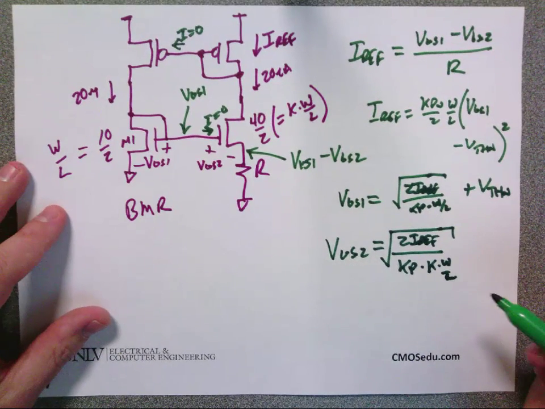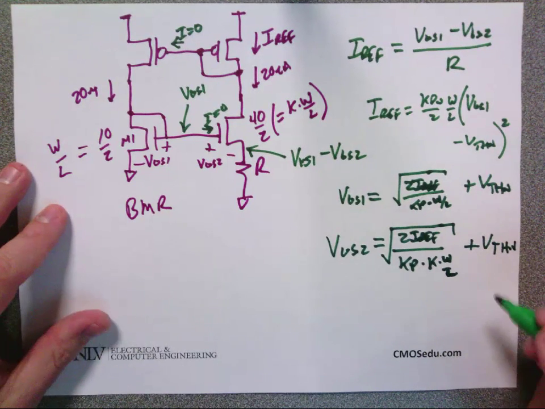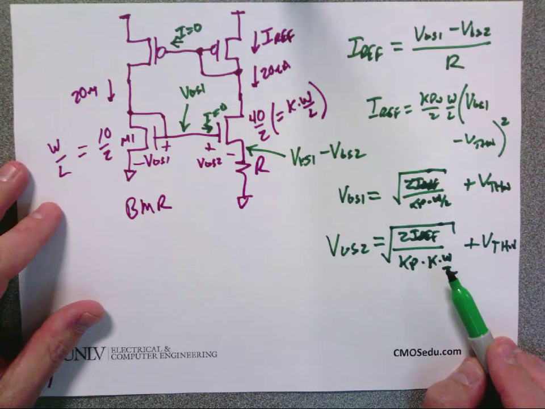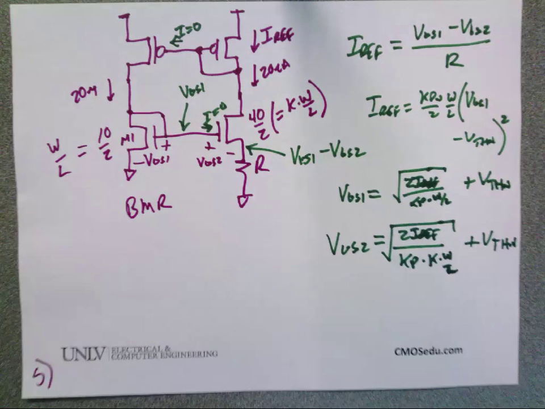The only difference is I multiply the W over L by K. Is everybody okay with that? So far, so good?